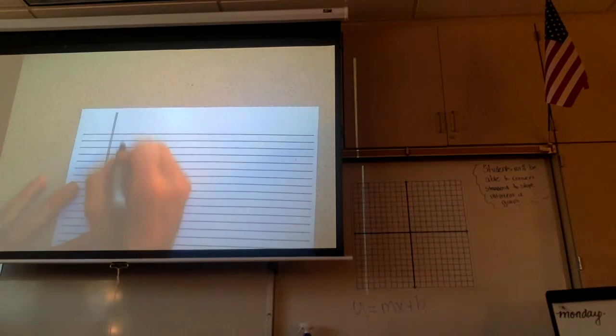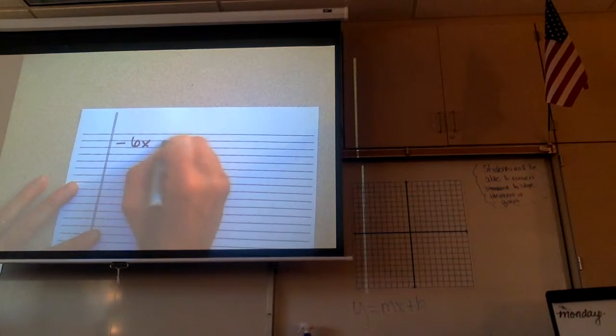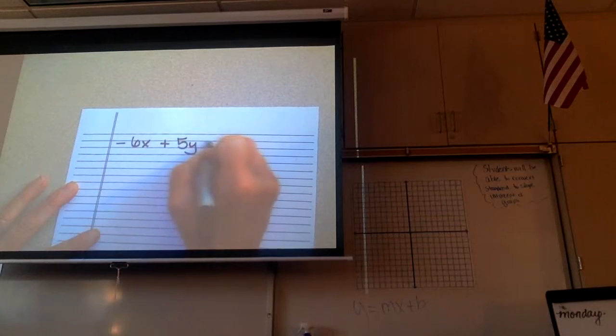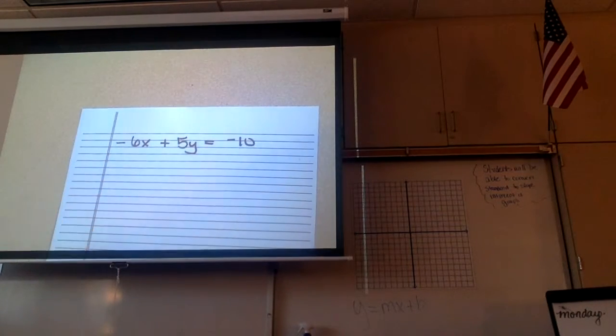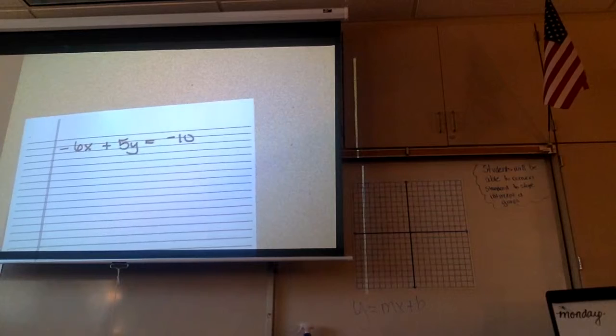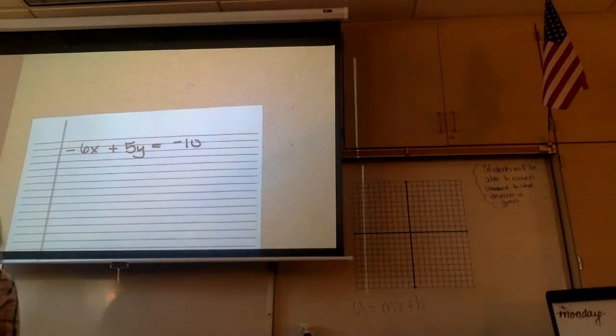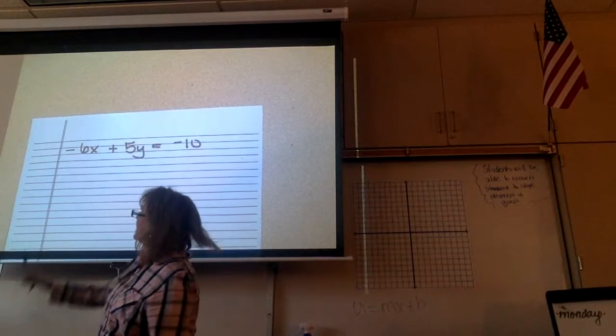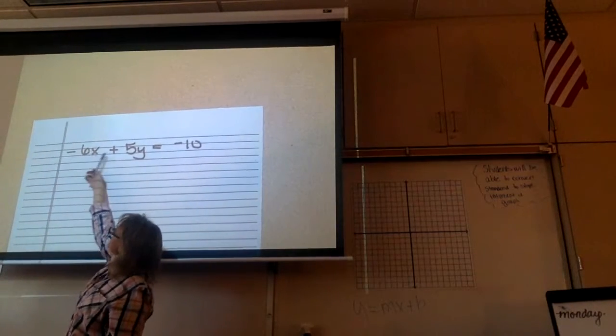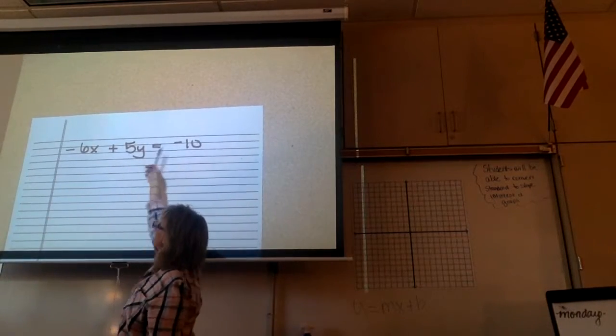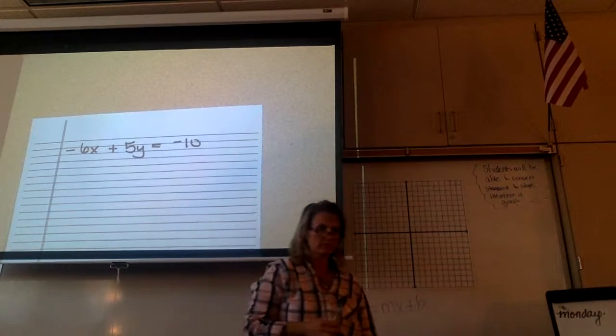I have negative 6x plus 5y equals negative 10. That doesn't look like slope-intercept form because I don't have the y by itself. I have some number, x, plus some number, y, equals some plain old number.